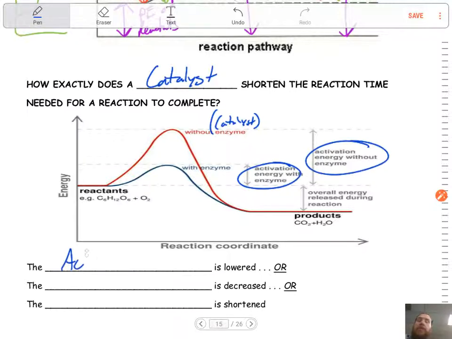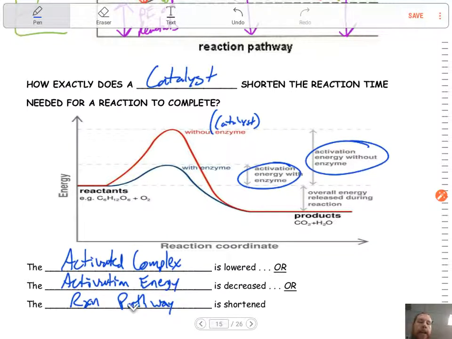Well, the activated complex is lowered, or the activation energy is decreased, or the reaction pathway is shortened. It could be any one of those three.